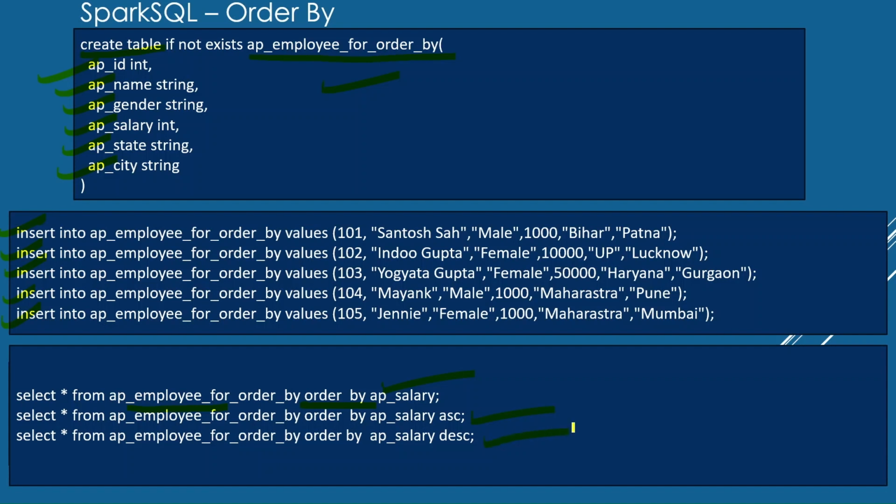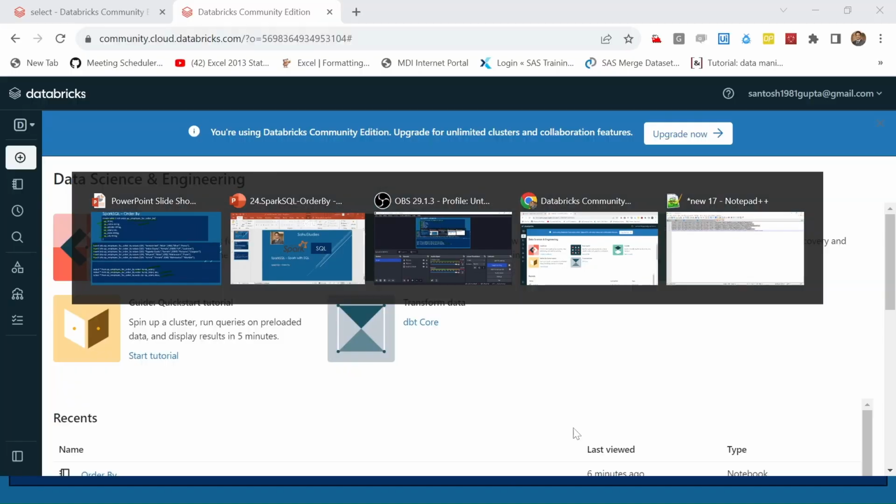So I will show you how we can sort a table with the help of an order by clause in ascending order and in descending order, both on a column of an integer type and a column of a string type. So let's go to Databricks and do this exercise.